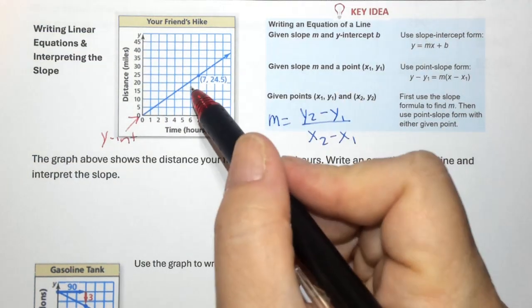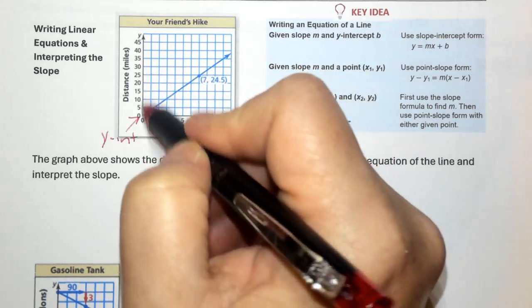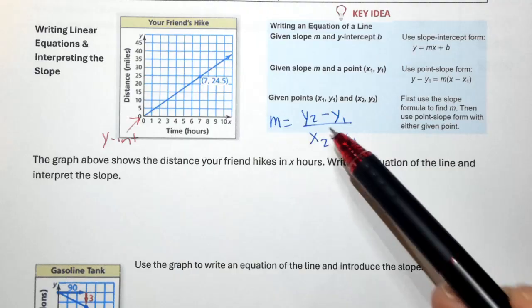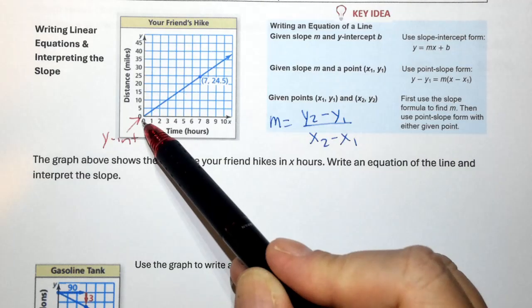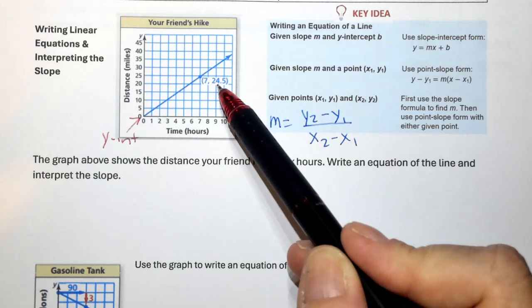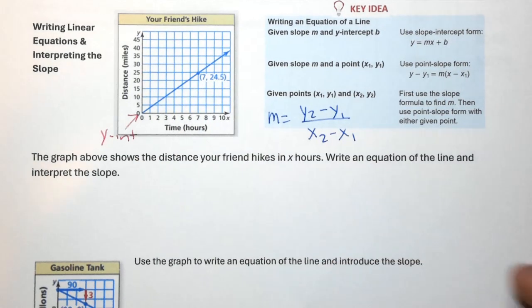But in order to do that, we need to find our slope. So what is our rise over run? That's one way you can look at it. Or if you were to substitute these values, if we took our y2 value and subtracted our y1, well, what is our y-intercept? 0, 0. Since our y-intercept is 0, 0 in this case, we're doing 24.5 minus 0 over 7 minus 0.